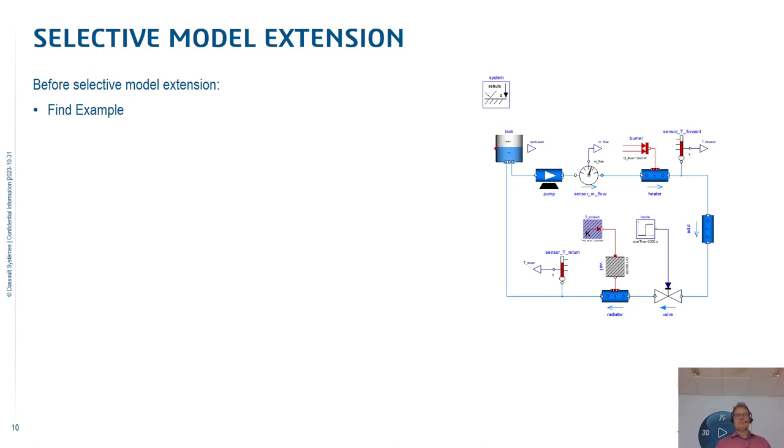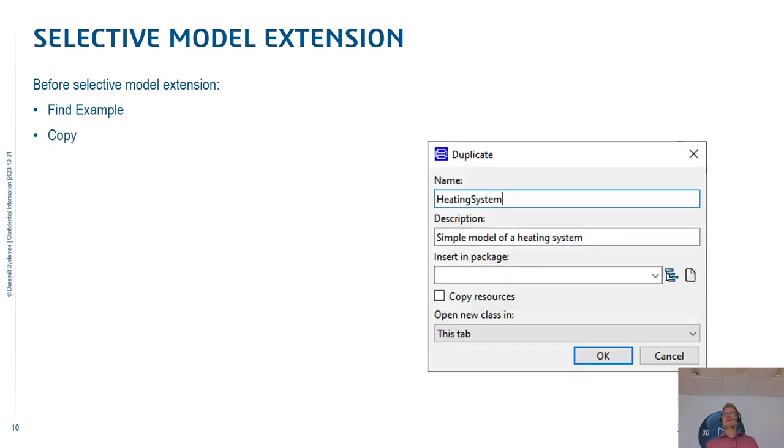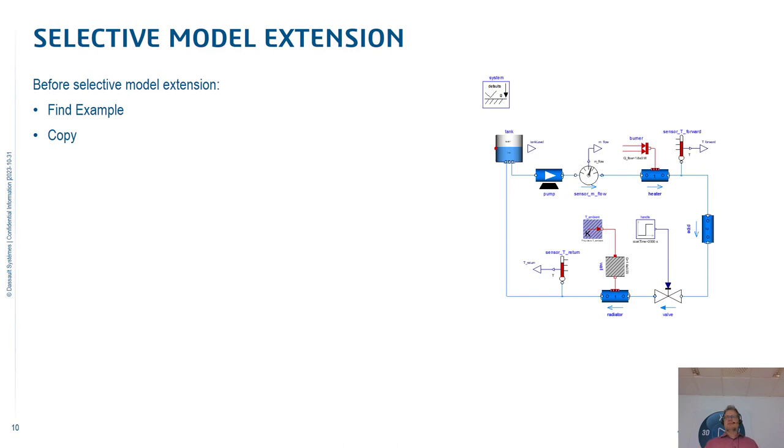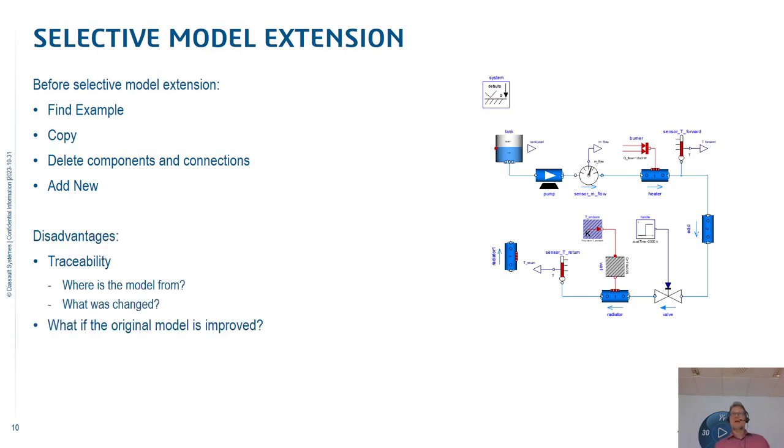So what you would do previously is you find this example, and then you copy it. So make a copy, and yeah, here you have a copy, and then you delete the components and connections you need to be deleted, and then you add a new radiator and connect it.